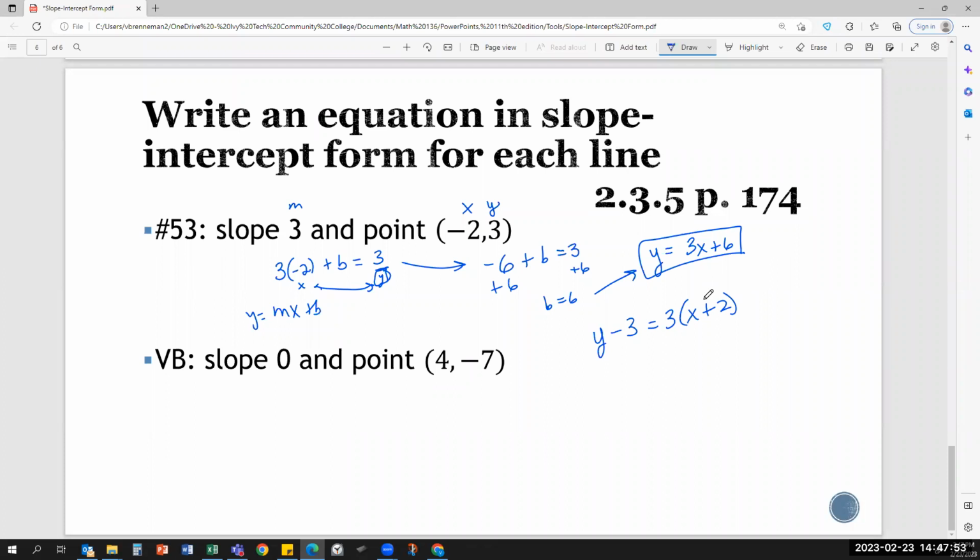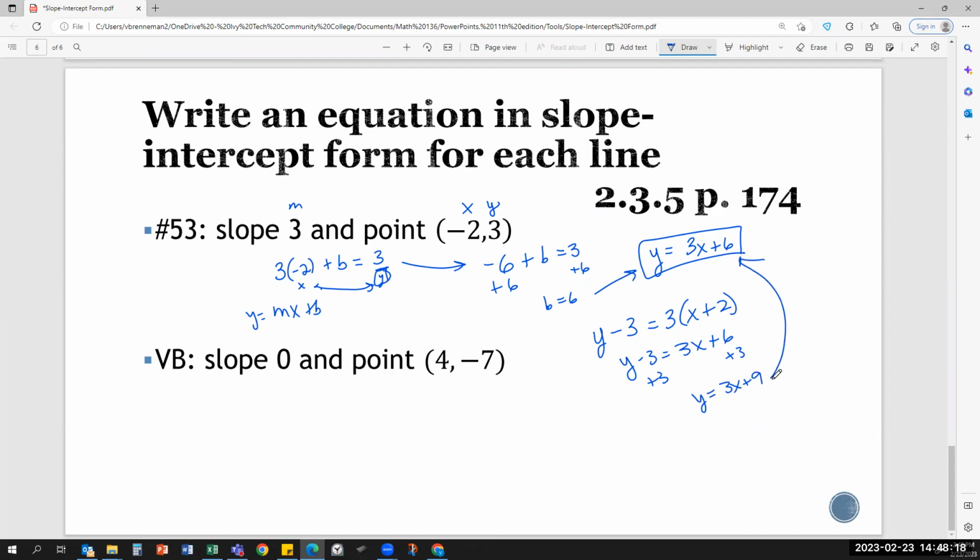So y minus 3 equals 3 times x plus 2, and then I just solve that for y. So y minus 3 equals 3x plus 6. There's the 6 that we saw before, not a coincidence. It's ultimately the same calculations involved. Adding 3 to the 6, we get the y equals 3x plus 9 again.